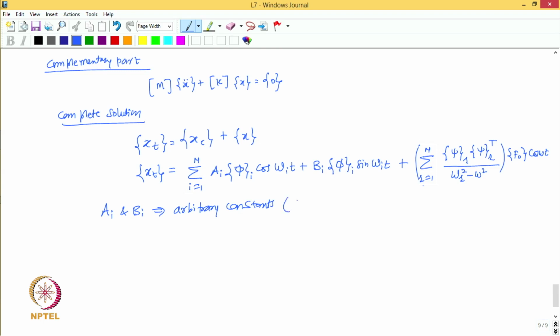They are to be found from initial conditions on the state of the system.